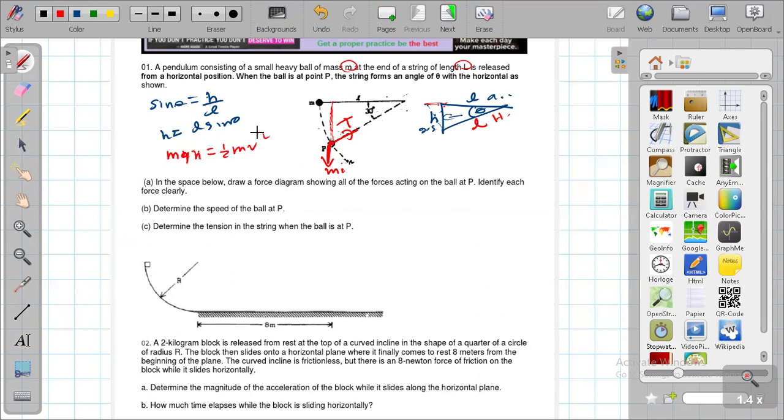That should equal half mv squared in terms of the law of conservation of energy. M and m cancel off. So v squared equals 2gh, so the velocity is going to be root 2g, where h is L sine theta.